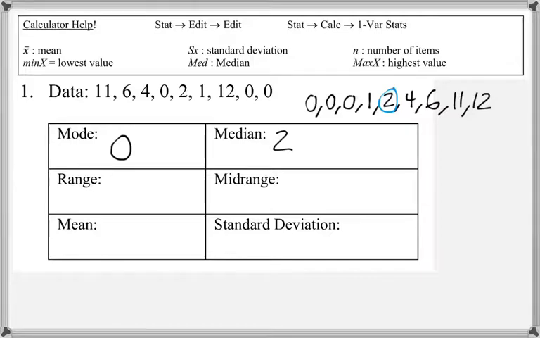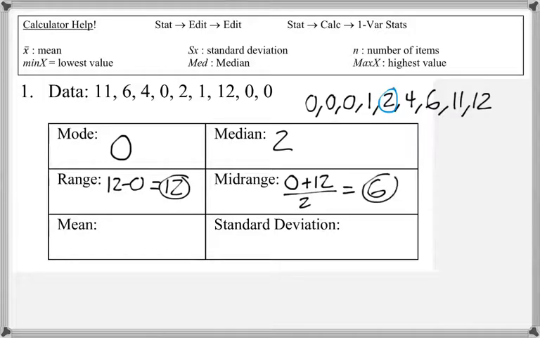For the range, we need to take the highest value and subtract the lowest value. So 12 minus 0 is 12. For the mid-range, we need to take the lowest value plus the highest value and divide by 2. So this will be 6.